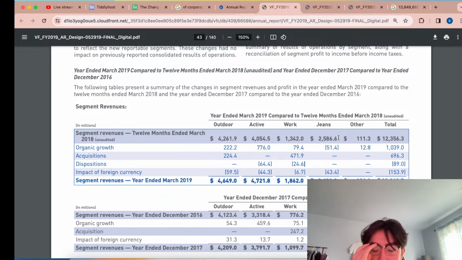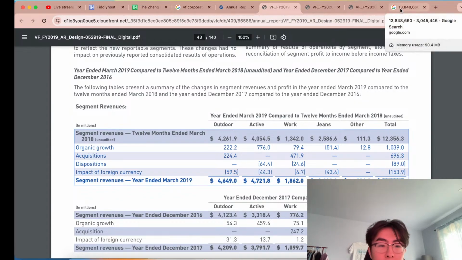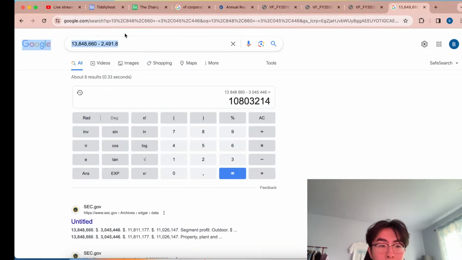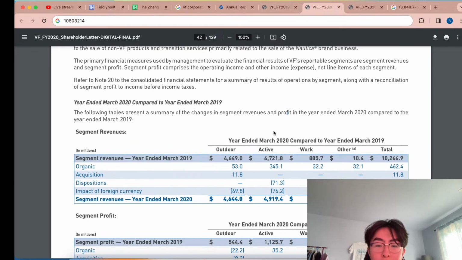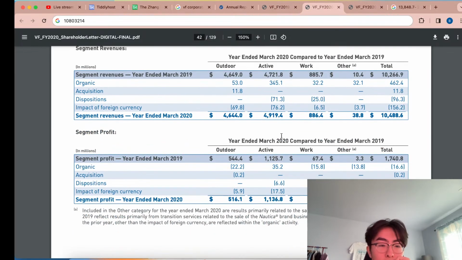So the jeans business was added into the figure for revenue. Let's see, 4,000. It's 11,000. There's also something else here missing.